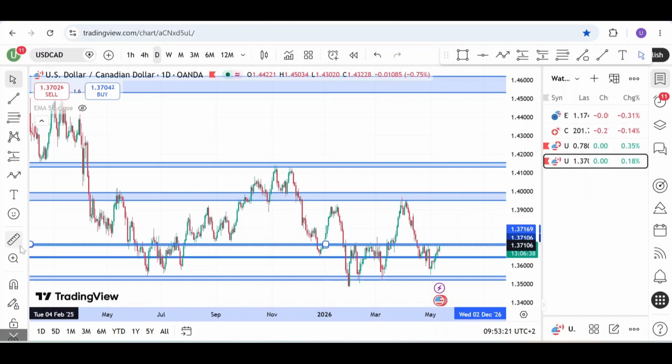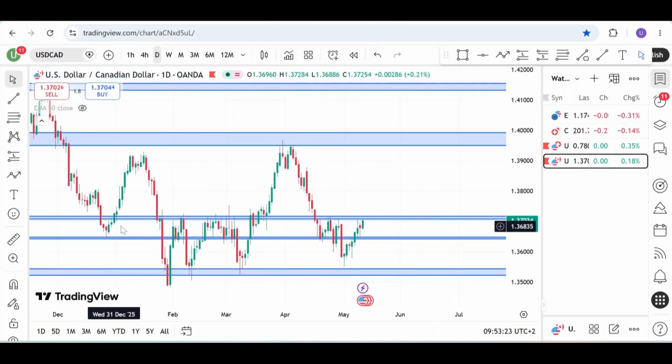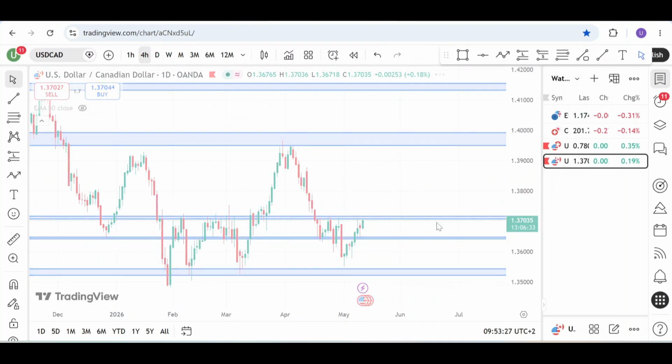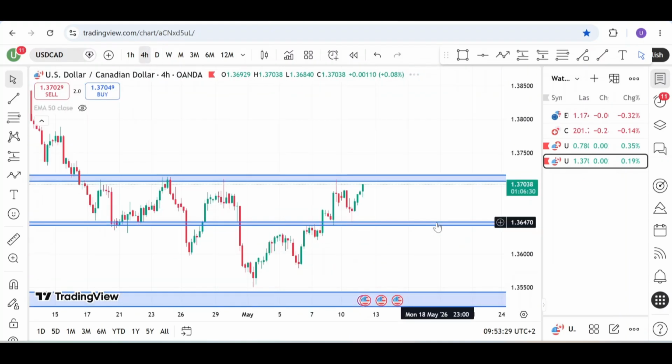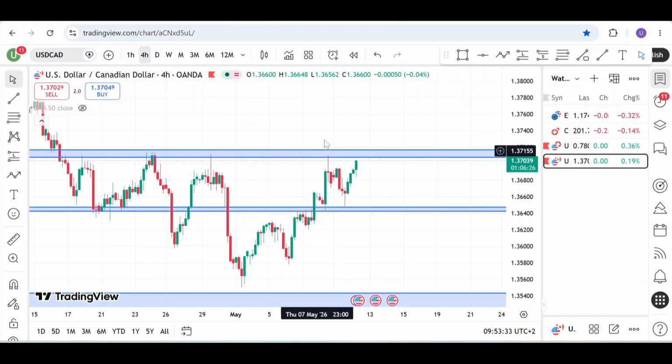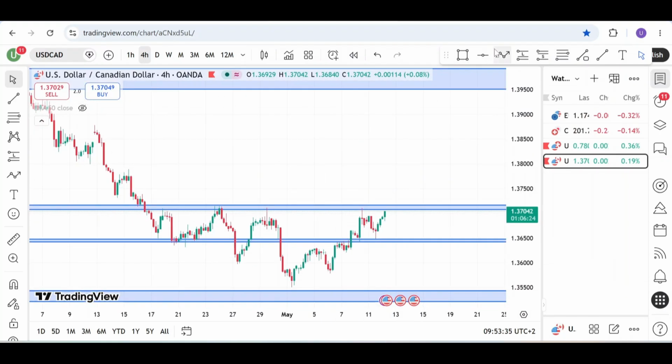Let's go to H4 to see if we can get an entry there. Now, as we can see, we are in a beautiful uptrend. We are seeing a very clean market structure. Initially we see a reversal sign, a double bottom here, then a break of structure to create a higher high and a higher low here.